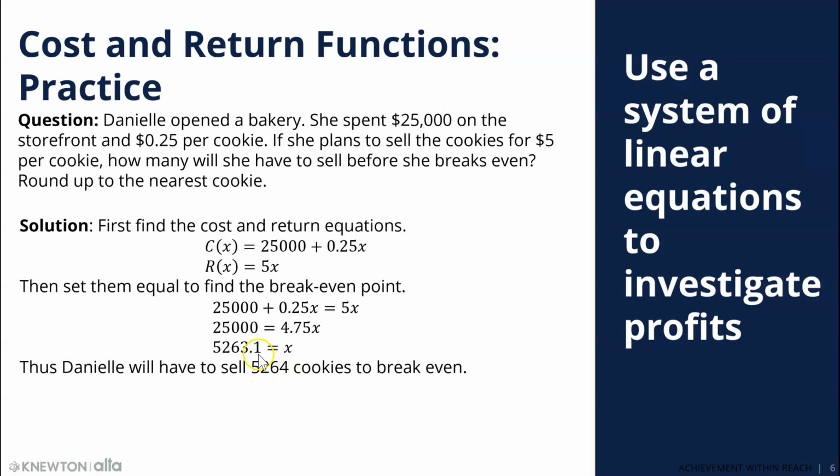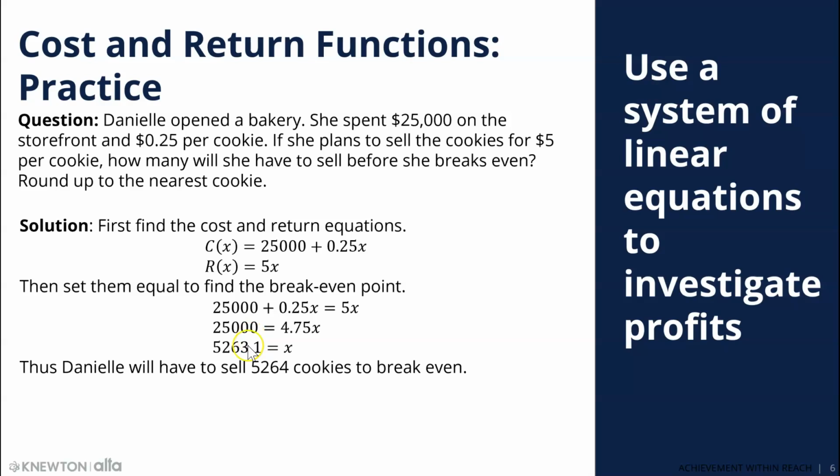So this would mean that to break even, it is equal to 5,264. We round up in this problem because we don't have a 0.1 cookie. Even if, mathematically speaking, it would go down, since we're counting the number of cookies, we have to round up.